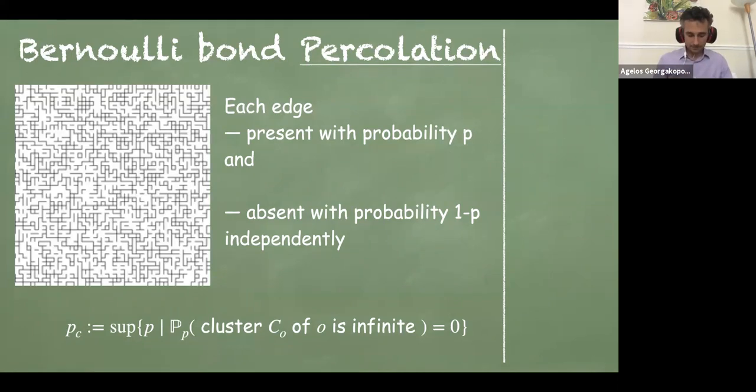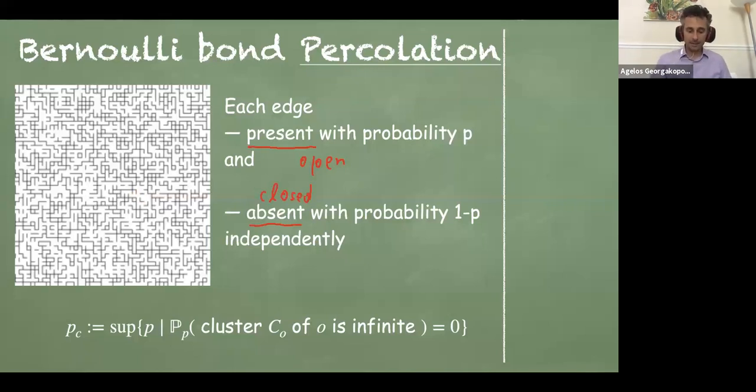All right, so what is percolation? We have some underlying graph, let's say the square lattice in the plane. And then for each edge, we flip a p-biased coin and we keep it with probability p. In this case, we say the edge is open, and we remove it with the remaining probability, and in that case, we say the edge is closed.